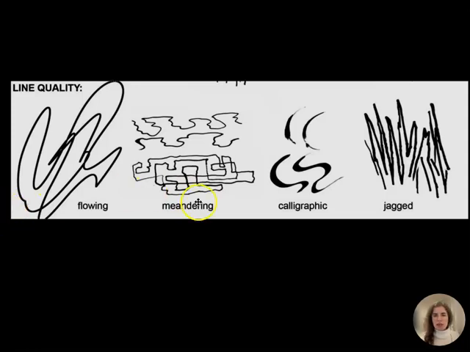Here we have different types of line: flowing, meandering, calligraphic, and jagged. In the in-person class, we often talk about how these different lines make you feel, or the impression that they give the viewer. The one that's jagged has a harder edge, maybe a sense of nervous energy or anger.